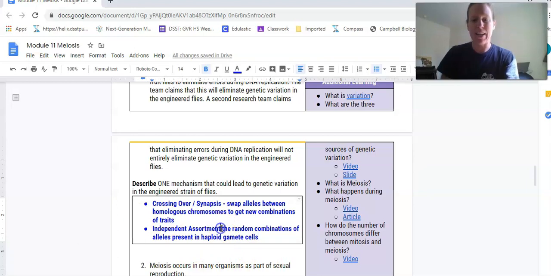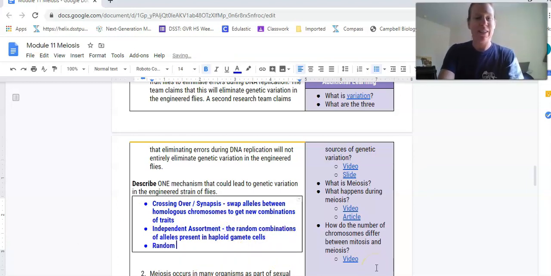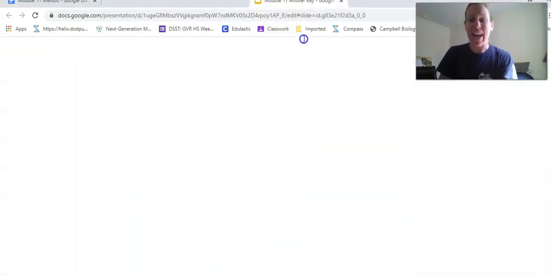Or you could have said random fertilization, which is just exactly what it sounds like: a random sperm and a random egg meet and make a baby. Those are the ones you should have said.